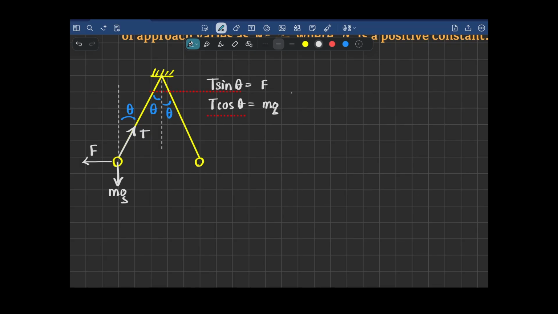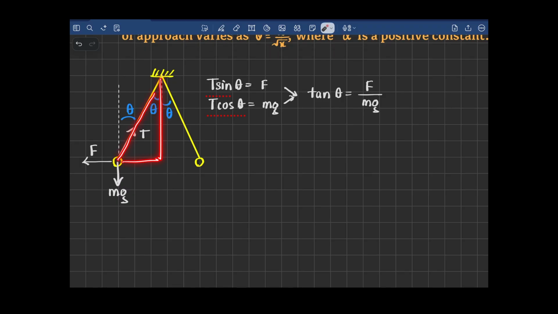Now if I divide both of these equations, I get tan theta equals F by mg. But now see, if I consider this side of the triangle here, it is a right angle triangle, and this length will be x by 2, right? This length will be L, and we are given that this x term is very very small, so x by 2 obviously will be very very small than L. In that case I can say this angle theta will be a very small angle.